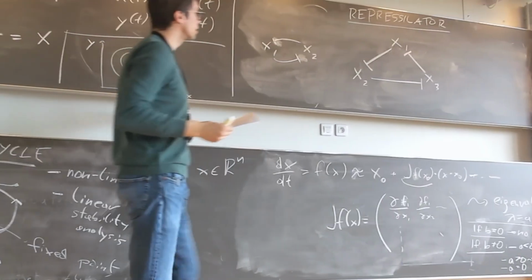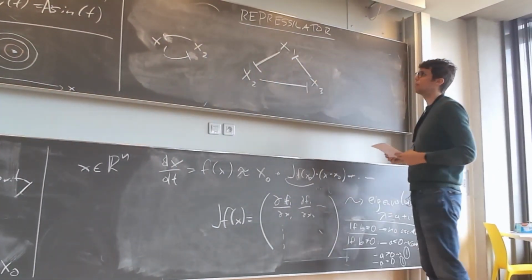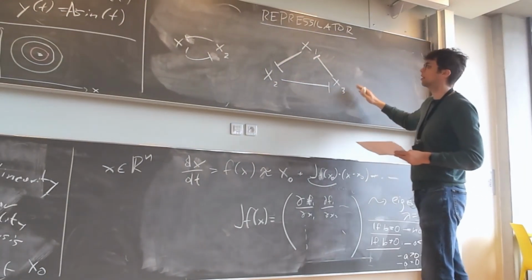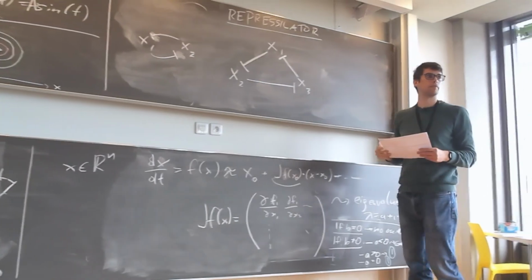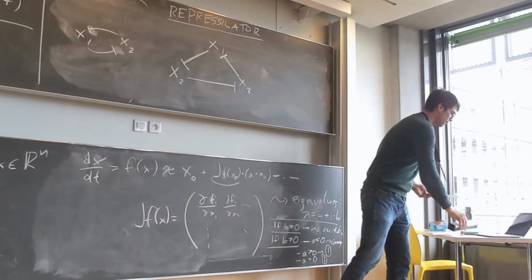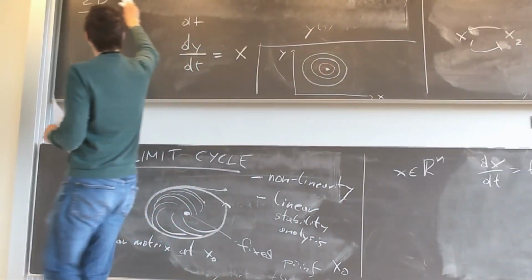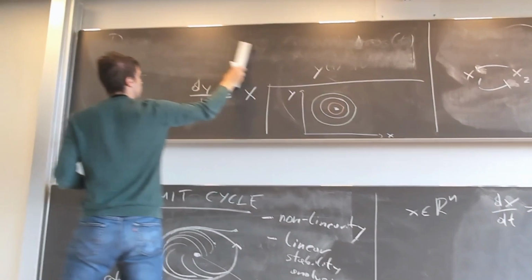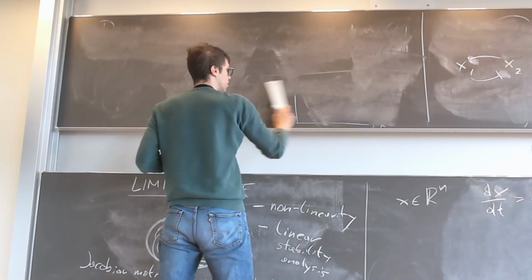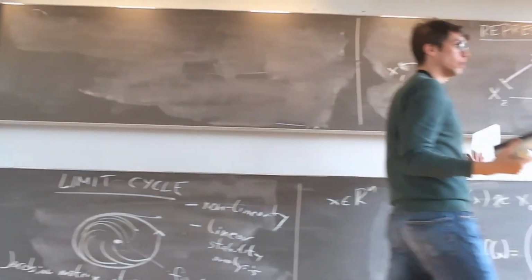So the smallest symmetric system that you can think of that can oscillate is x1, x2, x3, three-dimensional with three repressors. Okay. It turns out that this works. That's one of the two landmark circuits that started synthetic biology as a prominent subject like 25 years ago. The other was the toggle switch.